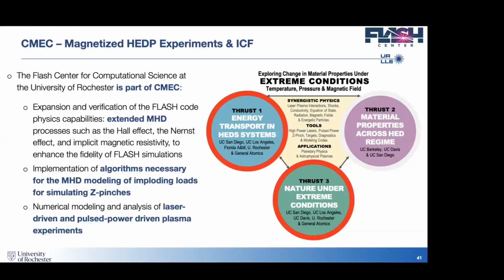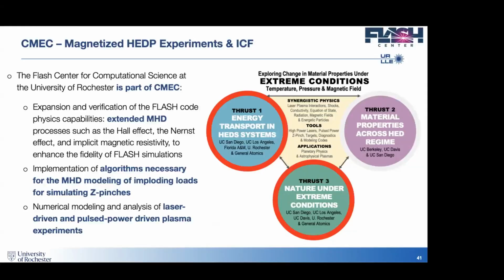So we're looking at plasma states that one can find in inertial fusion energy, inertial confinement fusion, and we look at two specific things: energy transport in these HED systems, as well as material properties. These are, of course, tied in joint efforts that sort of bring together the physics of materials in extreme conditions with how transport operates in these plasmas.